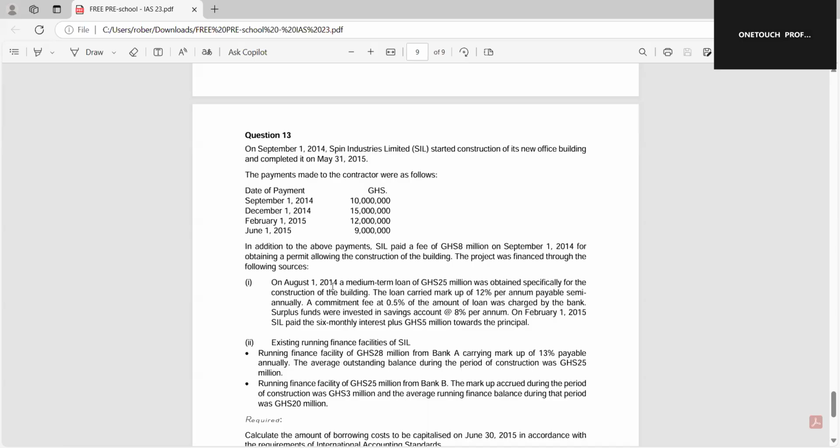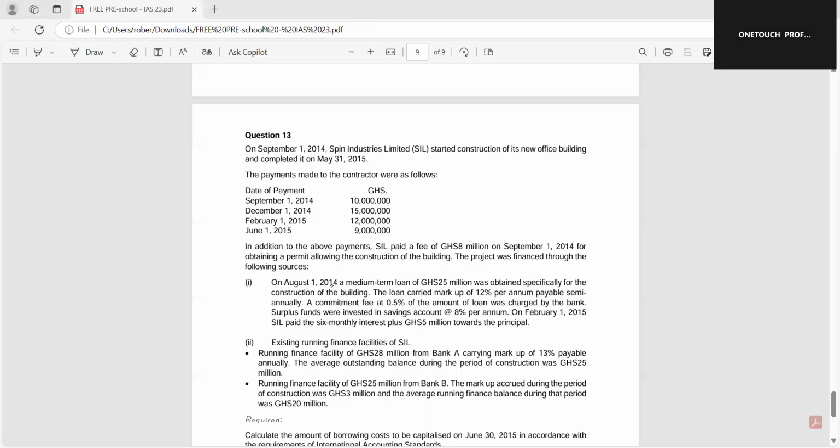So we have 25 million. Then what was the first payment that they made? 10 million. What's the next payment? 8 million. This is where you face challenges. You need to take care of something: all the payments will be made out of the 25 million. Did you get it? Yes, please.